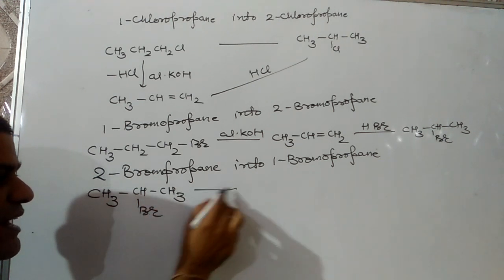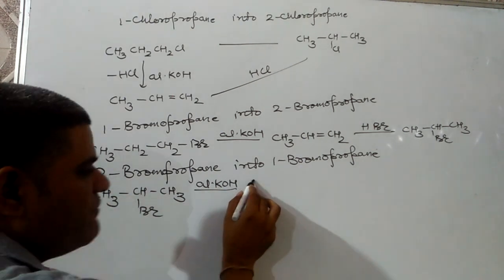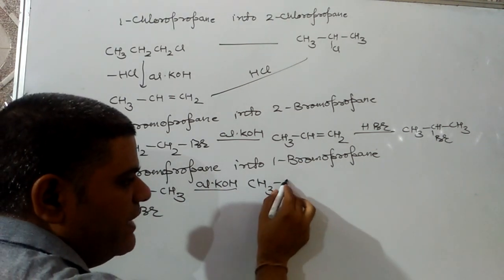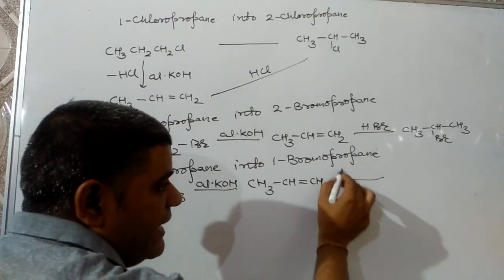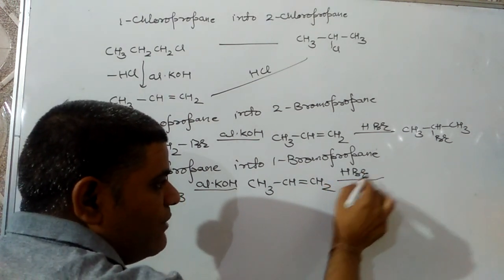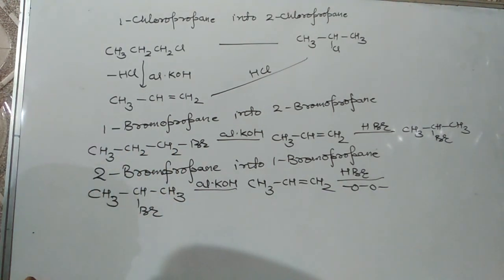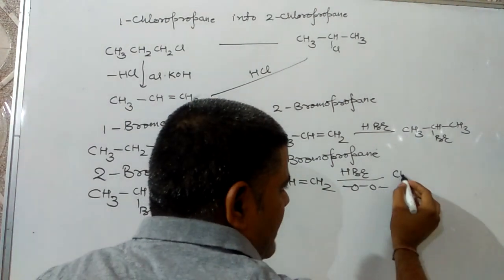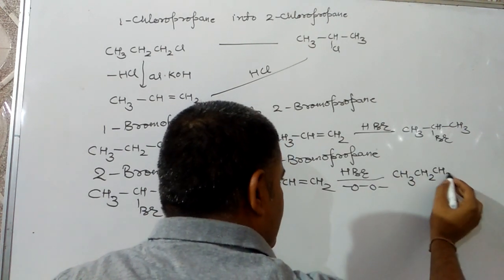First we have to remove the Br group, so we have to add alcoholic KOH. Product formed will be propene. Now we have to make anti-Markovnikov addition. So we have to add HBr in presence of peroxide. Here anti-Markovnikov addition will take place and the product formed will be 1-bromopropane.